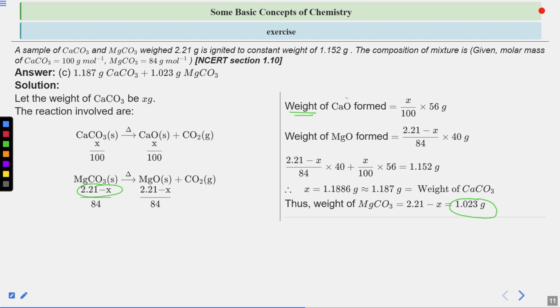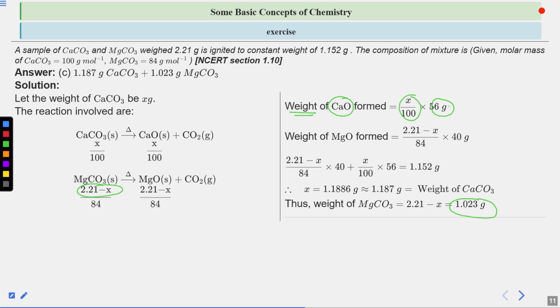Okay, it's very simple. So what is the formula to calculate the weight of calcium oxide if we have the number of moles? Sukhmanpreet, if we have the number of moles, then what is the formula to calculate the weight? It's very simple. Just multiply the number of moles with the molar mass.